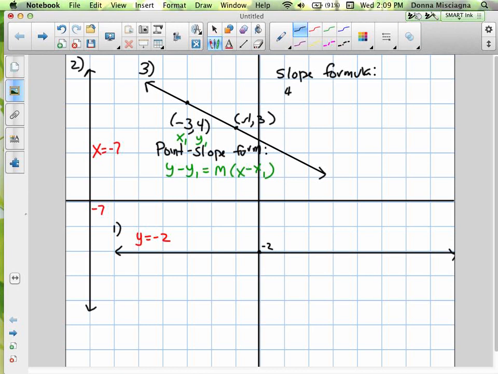So 4 minus 3 divided by negative 1 minus a negative 3, which is the same as 4 minus 3 divided by negative 1 plus 3.